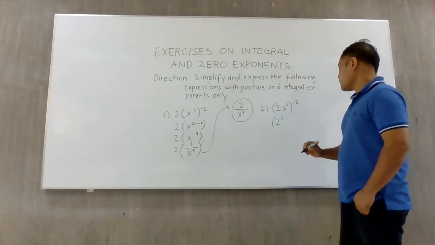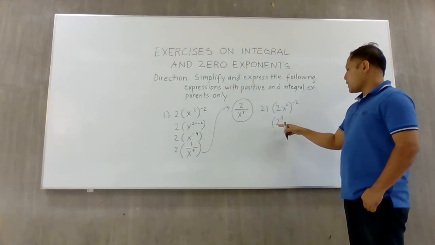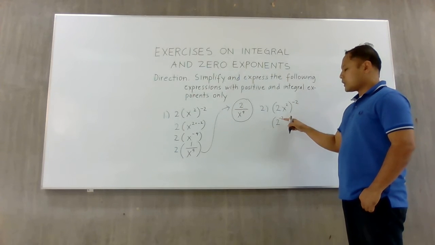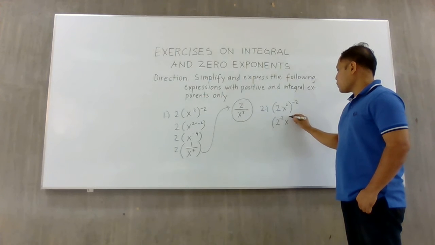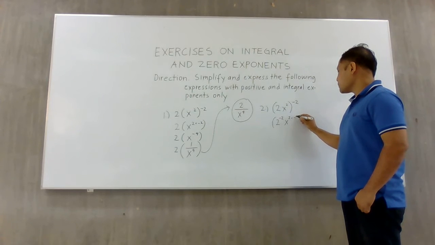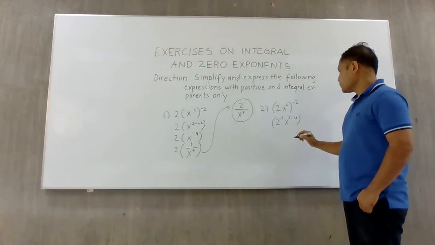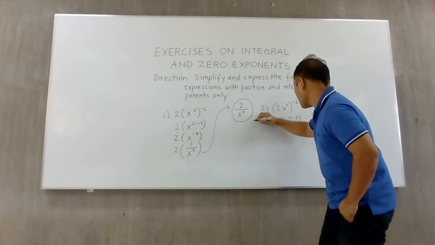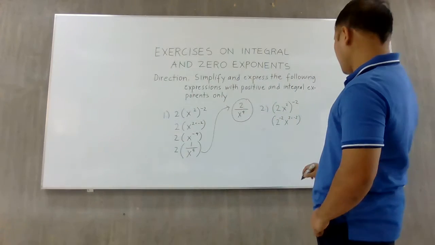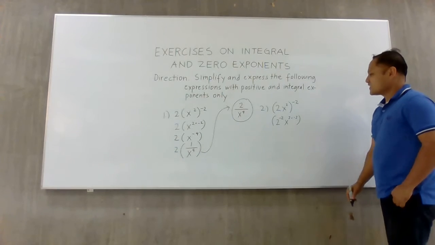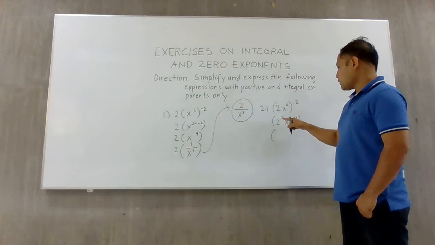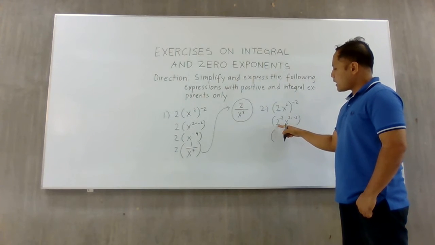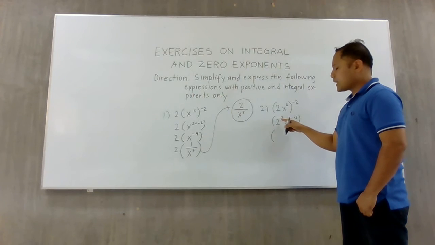So we can distribute negative 2 as the exponent of base 2. Base 2 has already the negative 2 exponent. For x squared, the exponent 2 is being multiplied by negative 2. Notice that this exponential term has a negative exponent.